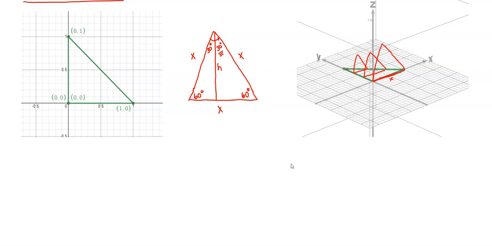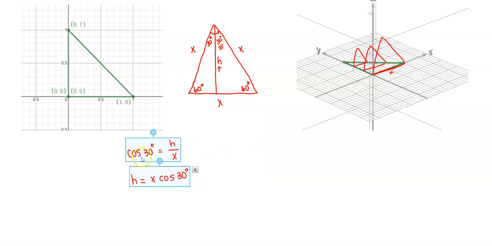We're looking at this 30-degree angle, and we can see that this h is adjacent to it. So the cosine of 30 degrees is equal to the adjacent over x. If we want to solve for the height, then h equals x times the cosine of 30 degrees.